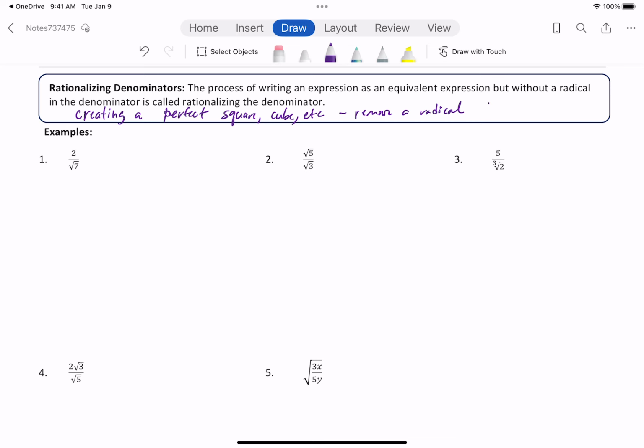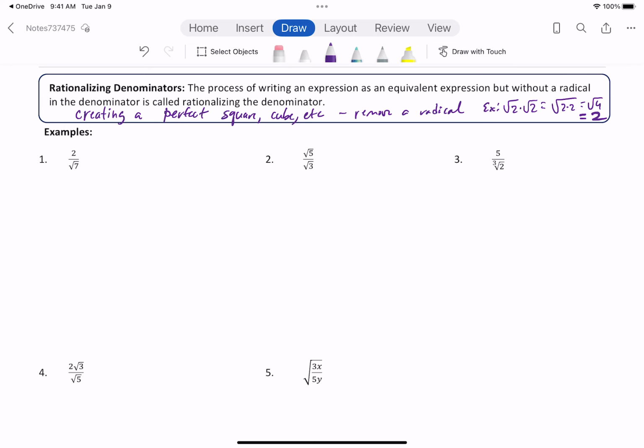For example, if I multiply square root of 2 times square root of 2, that's square root of 2 times 2, which is square root of 4. You see that created a perfect square. So we can evaluate that and make it a 2, and the radical is gone.